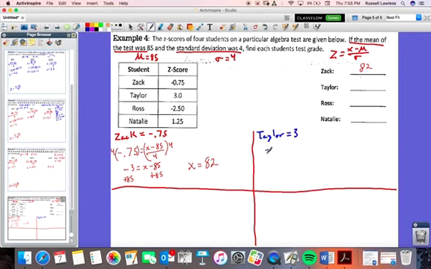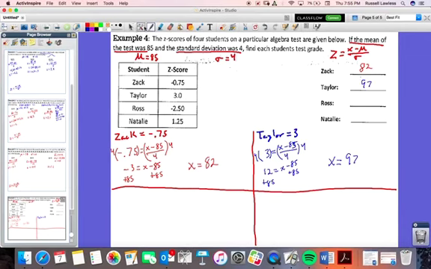So let's set 3 equal to x minus 85 over 4. We're going to multiply both sides by 4. 3 times 4 will give me a 12. And then I'm going to add 85 on both sides, and I'll find that x will be equal to 97. Good job, Taylor. Got an A plus.